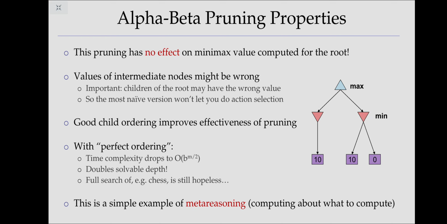But the pruning is dependent on the order of the nodes. If we use a naive version of the alphabet pruning, sometimes there is no effect on the computation time.